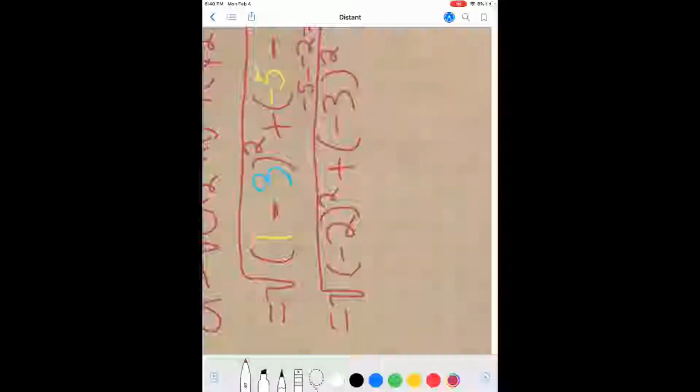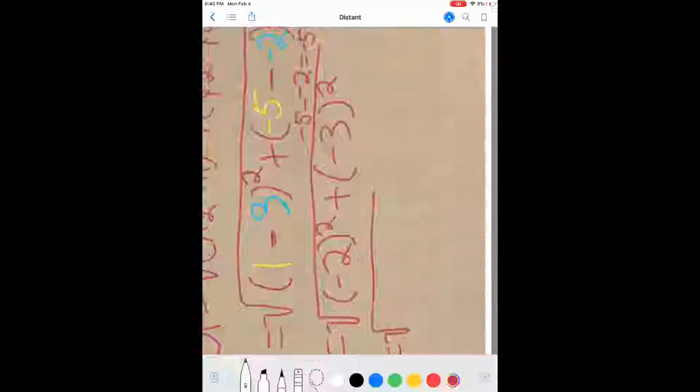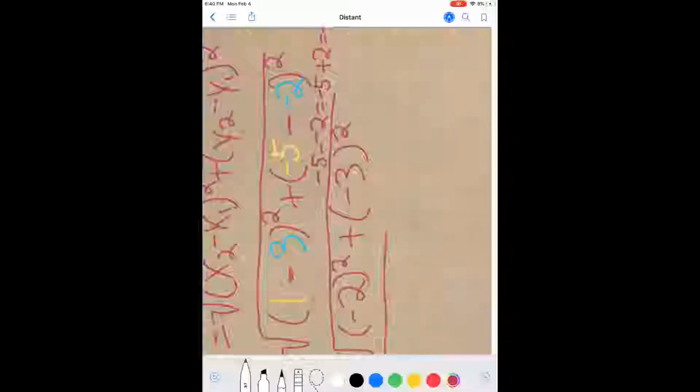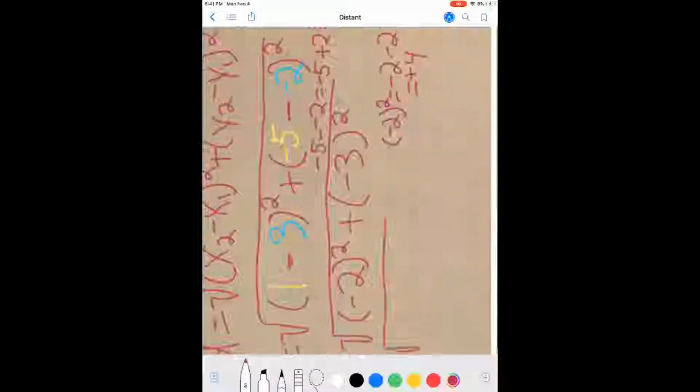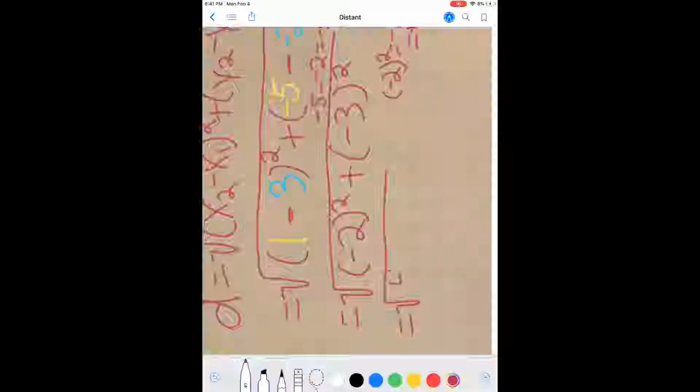Once we get here, we're going to simplify our squares. -2 squared is the same thing as -2 times negative 2. Negative times a negative is a positive, and 2 times 2 is 4. So our first parentheses is going to end up being 4.